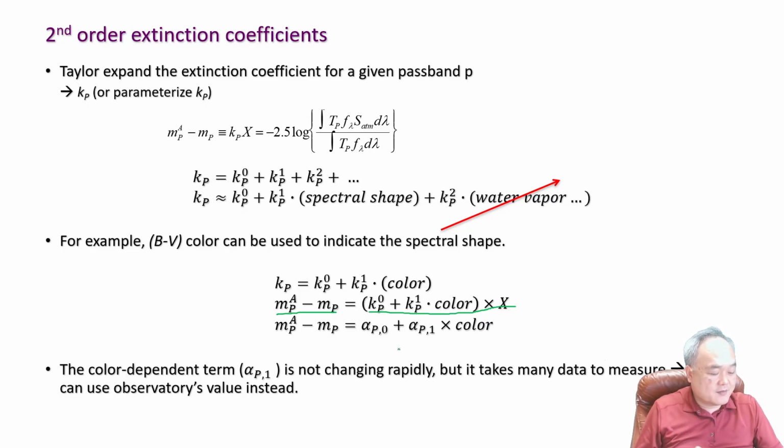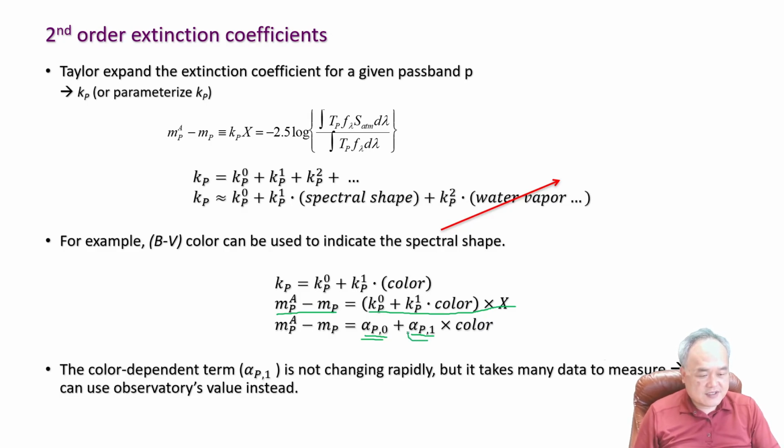For convenience of notation, we call these the non-color dependent extinction coefficient, the zeroth order extinction coefficient, and the color coefficient.